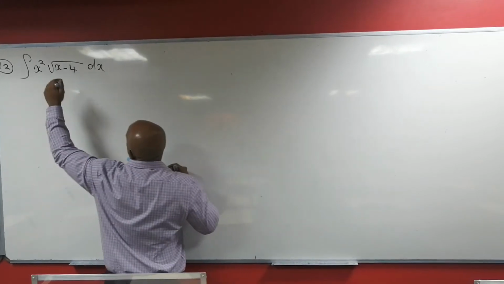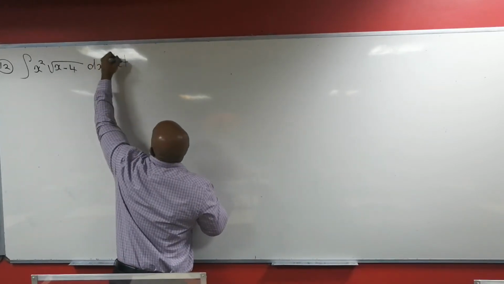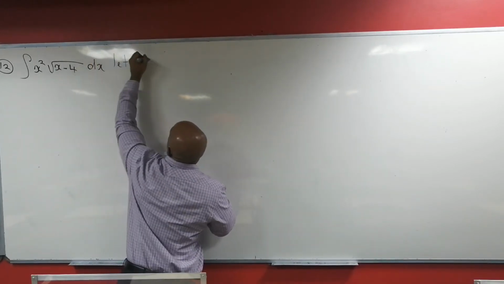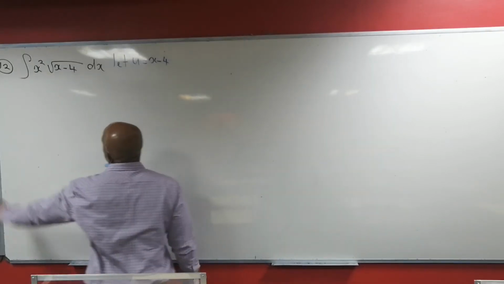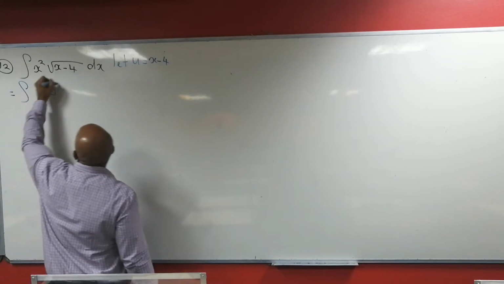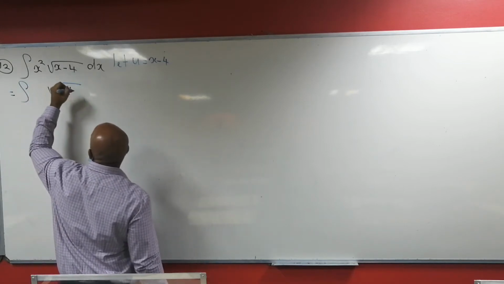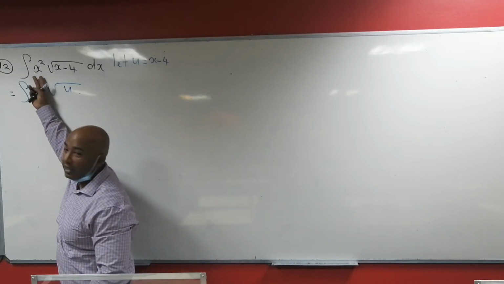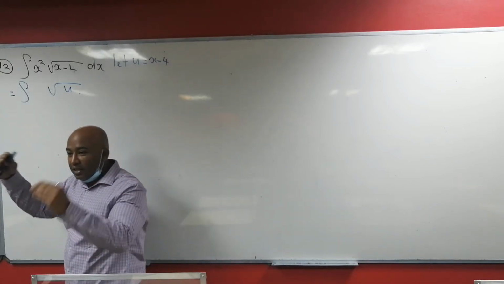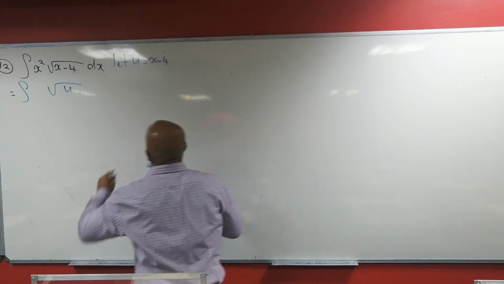So let u equal, in this case, x minus 4. So you know now, when you come to this part here, you're replacing it with u. Now you need a replacement for dx, you need a replacement for x squared. Everything will be in terms of u. So let's see what happens.